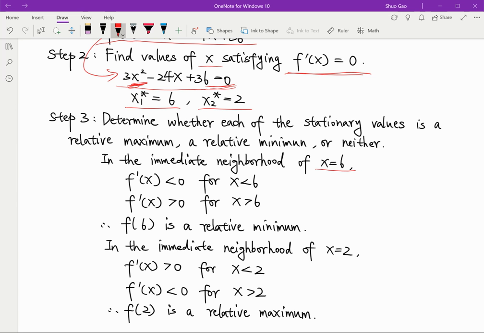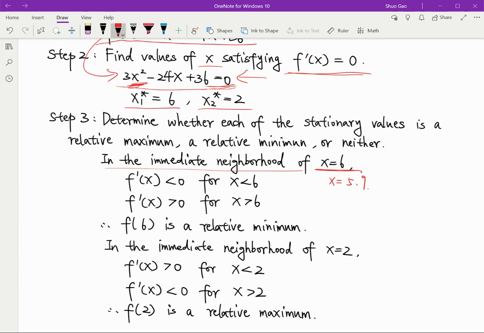For example, when x equals 6, we find the immediate neighborhood of x equals 6. For example, we can plug in x equals 5.9 to this quadratic function.